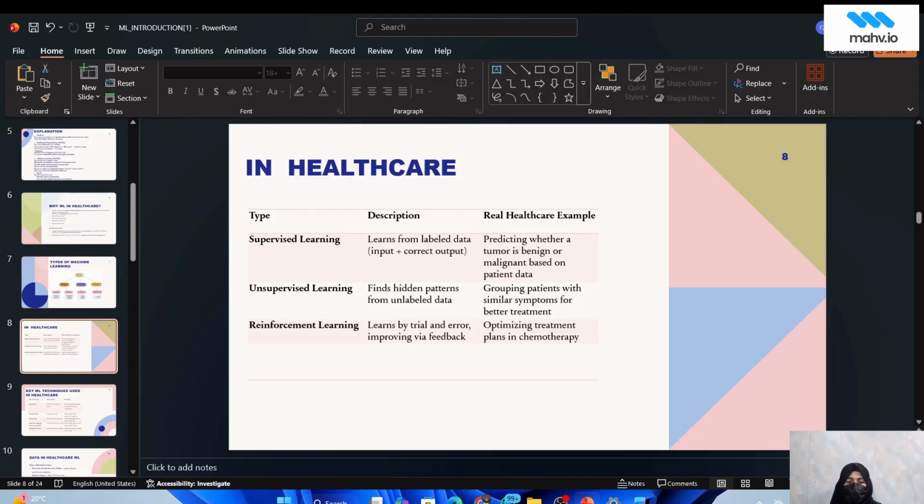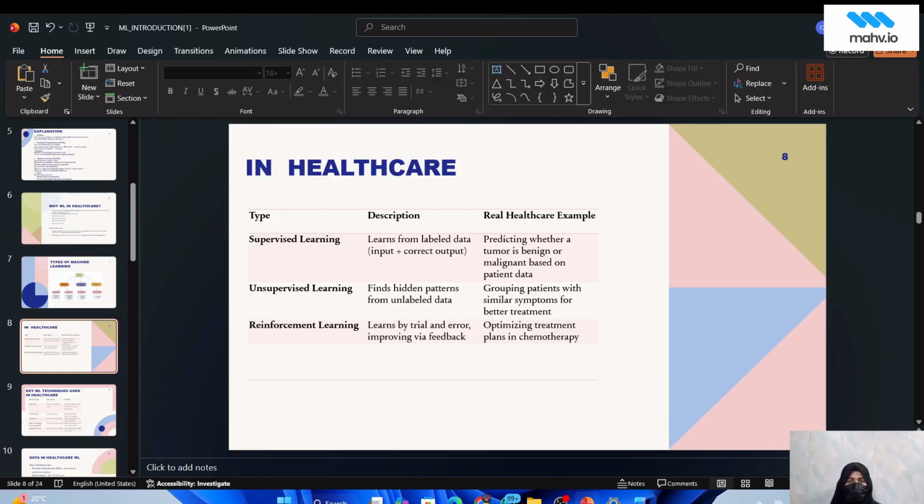But in unsupervised learning, there is no labeled data. That's why your model finds hidden patterns from unlabeled data. For example, grouping patients with similar symptoms for better treatment, because labels are not mentioned.